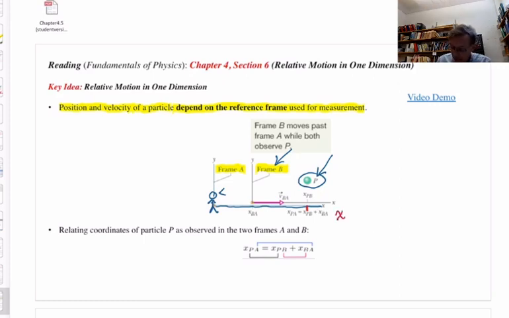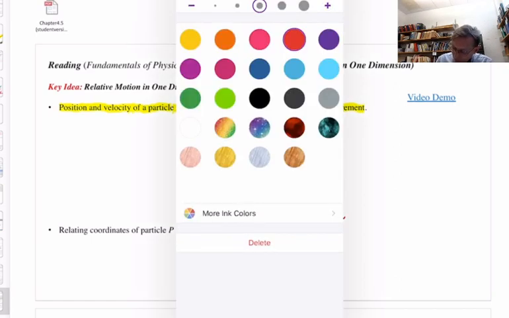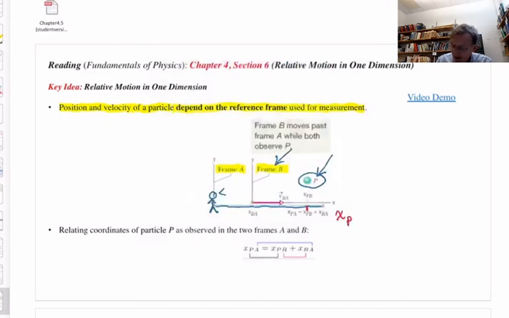Right there, it's x, and here's how we're going to denote it. We're going to put two subscripts, P, A. And that's very important. Two subscripts, and the order is important. The first subscript is the thing that is being observed. In this case, it's the particle. The second subscript is the reference frame that you're observing the particle from.